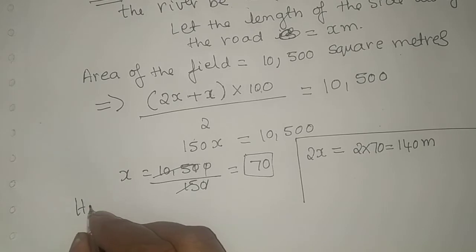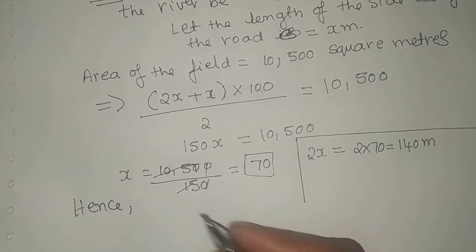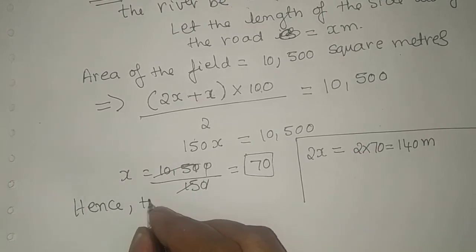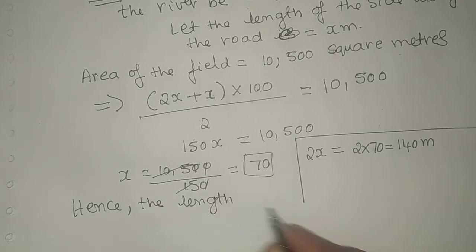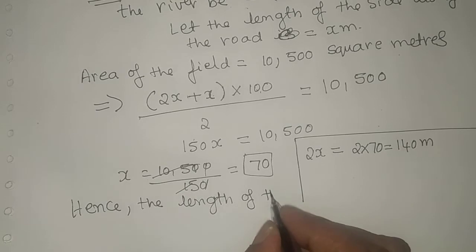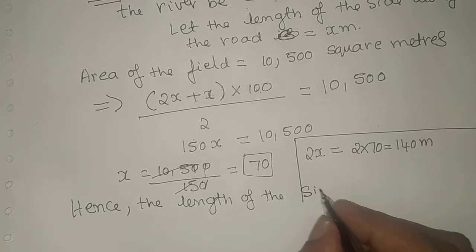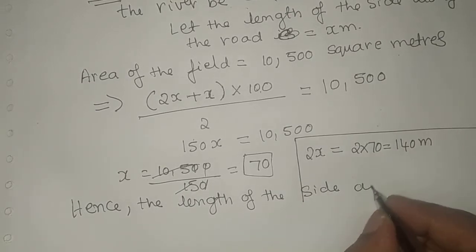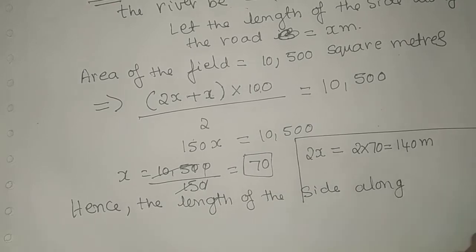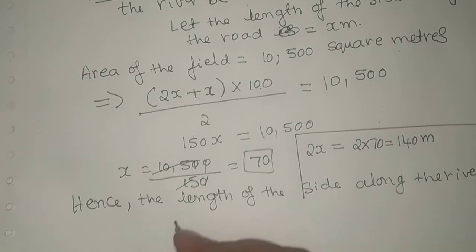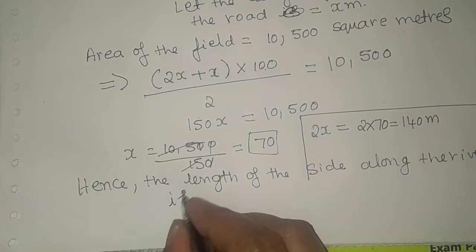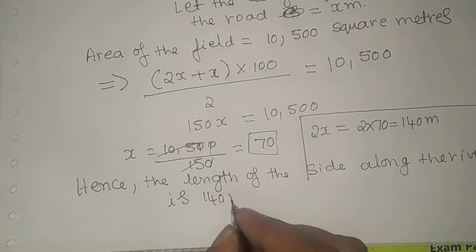So finally, hence the length of the side along the river is 140 meters.